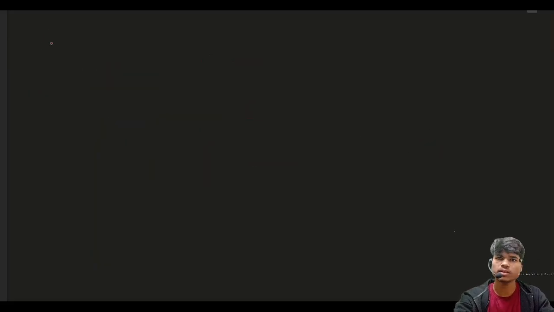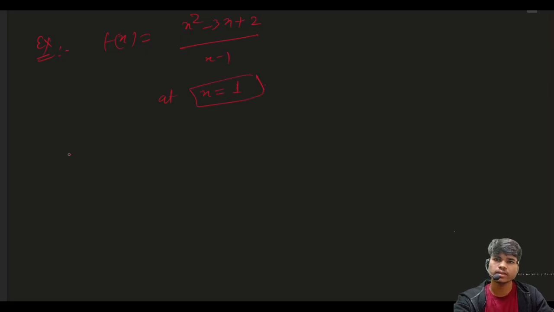Let's take another example. We have to find the limit of f of x equals to x square minus 3x plus 2 divided by x minus 1 at x equals to 1. So we can write left hand limit x tends to 1 negative f of x.